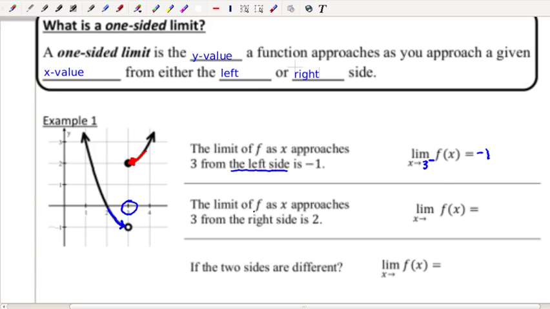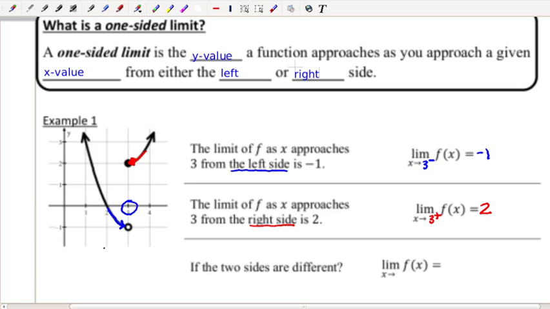So the limit of f as x approaches 3 from the right side is 2. And I'm going to write this limit of f as x approaches 3 from the right, an exponent of plus. I can't write this as small as I'd like to, but an exponent of plus, and that's now going to be equal to the y value of 2.